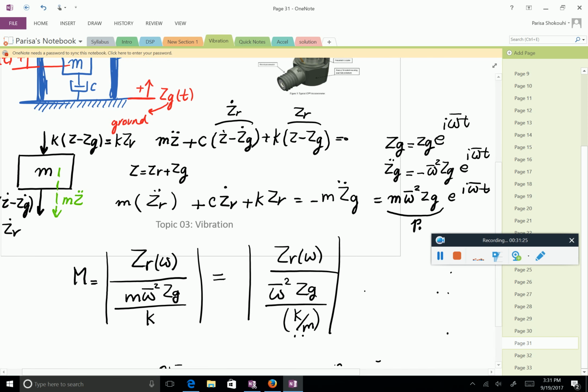It's like an application of that. Here we have P0 with a phase, and that's the ground acceleration. We are not changing anything here. So this is the solution to this equation: m z_r double dot plus c z_r dot plus k z_r equals m omega bar squared z_g e^(i omega bar t). So what we see here is the solution to that differential equation.